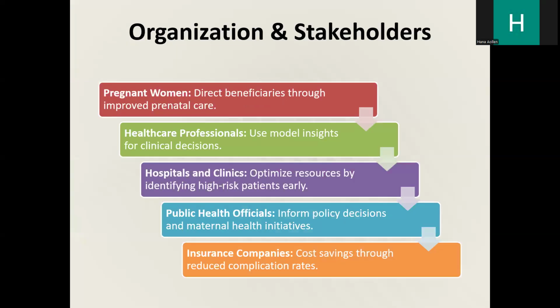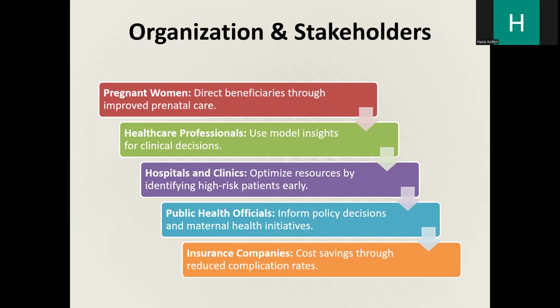The organization and stakeholders: number one, pregnant women, who are direct beneficiaries through improved prenatal care. Next, healthcare professionals use model insight for clinical decisions instead of just the traditional OGTT method.